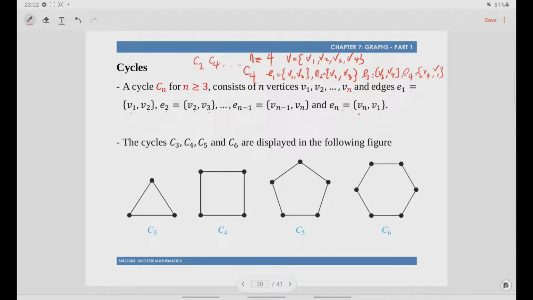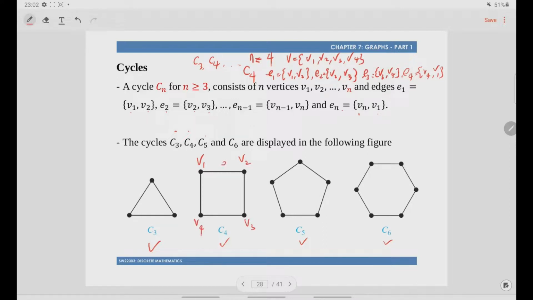I give you some examples: cycles C3, C4, C5, and C6, as shown in this figure. This is our C4. For example, we have vertex V1, vertex V2, vertex V3, and vertex V4.